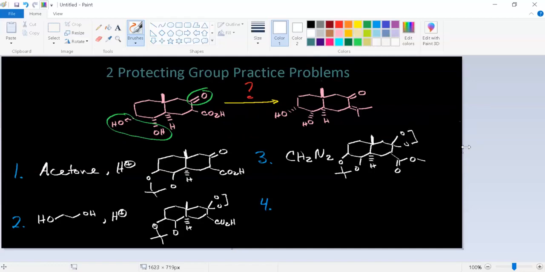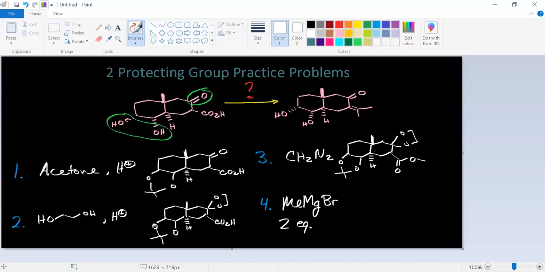Now the fourth thing we'd want to do is get in those methyl groups that we want. To put in those methyl groups, let's first use either a Grignard or an alkyllithium reagent. I'm going to suggest a Grignard, but if you want to do an alkyllithium, that's fine. So methyl magnesium bromide, and I'm going to say 2 equivalents, 2 EQ.